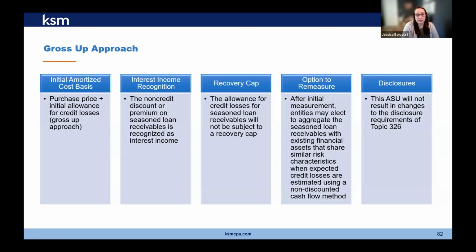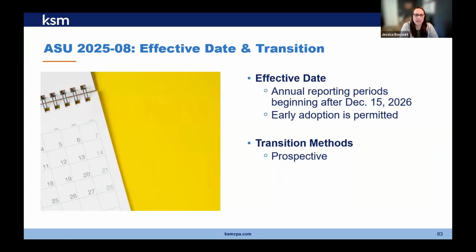The disclosures, thankfully, do not change, but you would still be required to disclose anything that's required under topic 326 related to the credit loss, as well as what types of loans were purchased. The effective date for this is annual reporting periods beginning after December 15th, 2026.